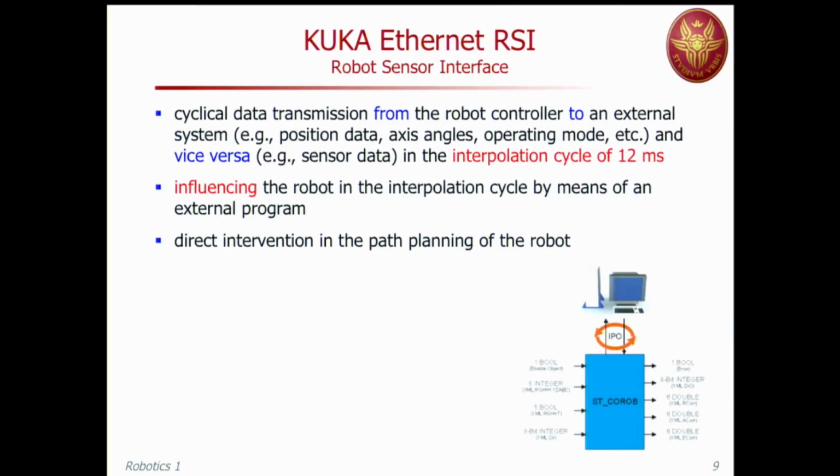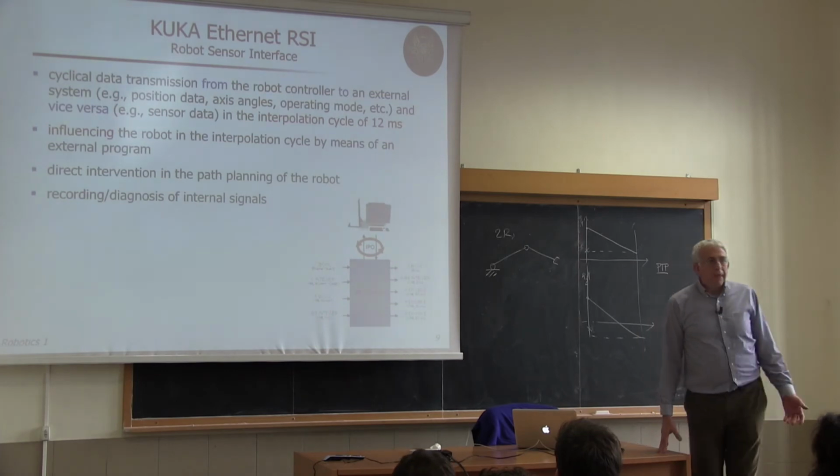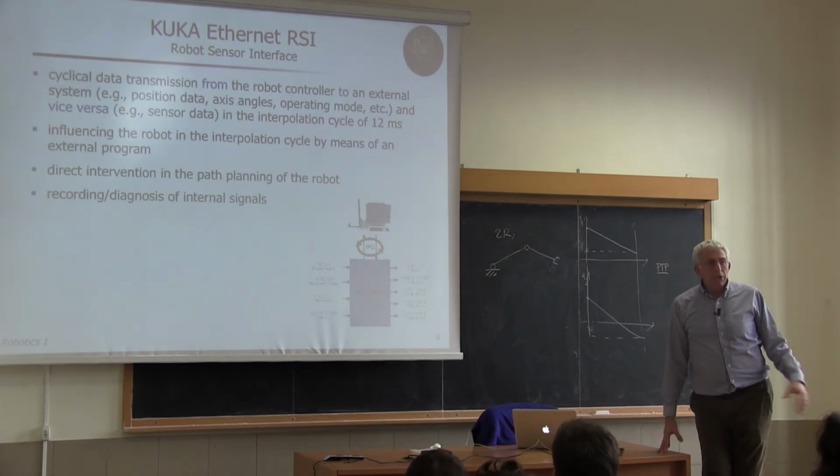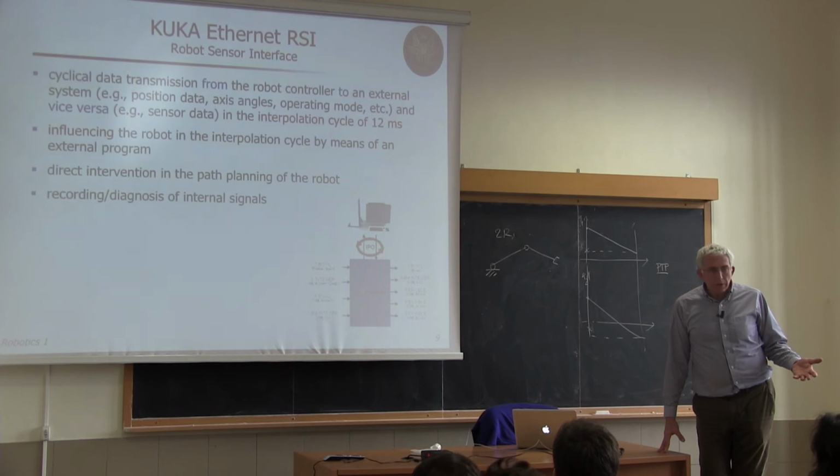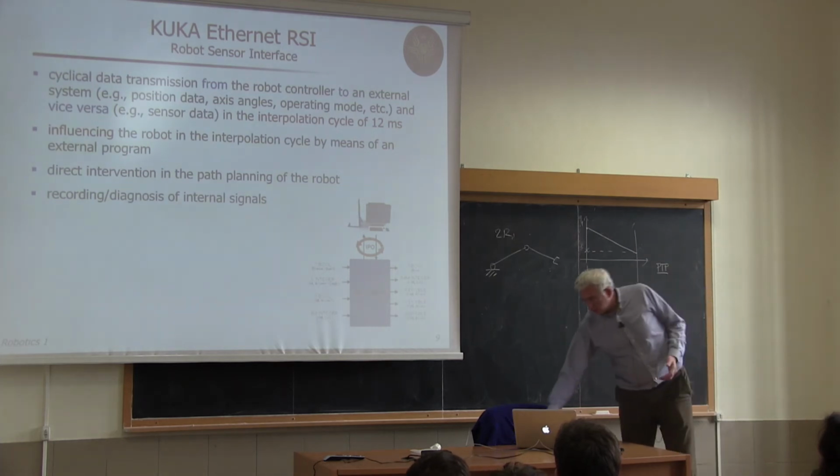So we can intervene in the path planning of the robot, changing its own path planning. We can use the signals that we receive for doing some diagnosis. For instance, we have used the measurement of the current in the motor to discover if there is an unexpected collision with the environment or with some human. This is something that we have added.